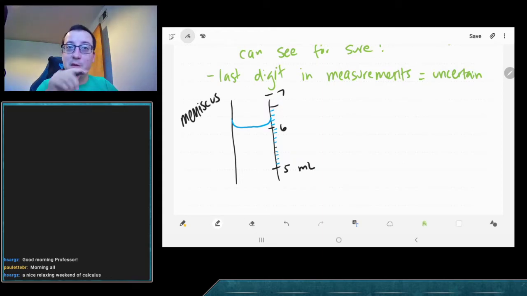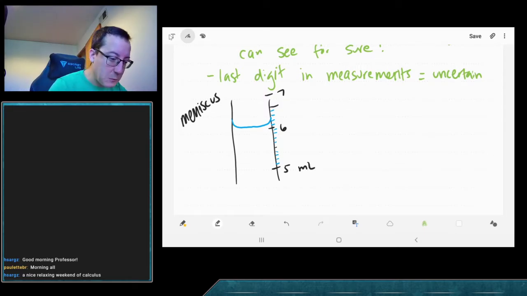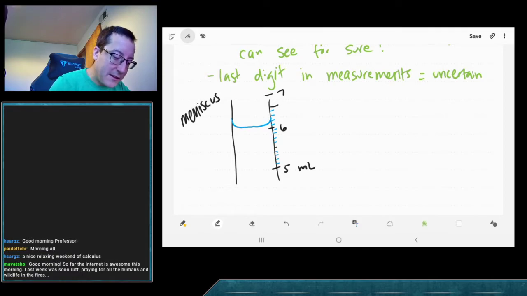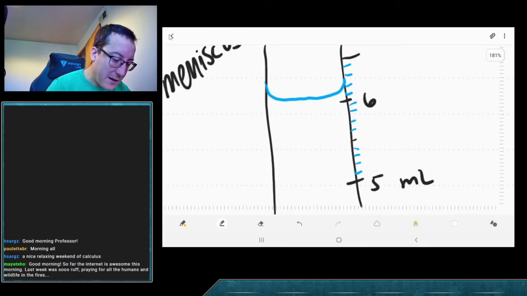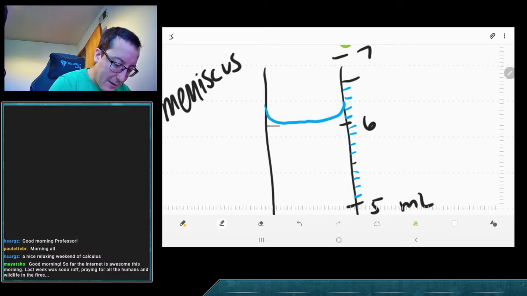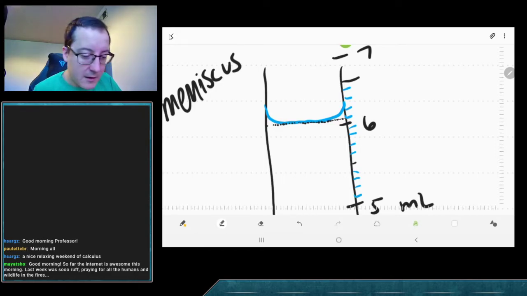That's that U shape that we're going to see. If you look at a glass of water very carefully, you'll probably be able to see that it's moved up on the sides a little bit. That's a meniscus as well. We always want to take our measurement from the bottom of the meniscus. So we're going to ignore the stuff on the sides.